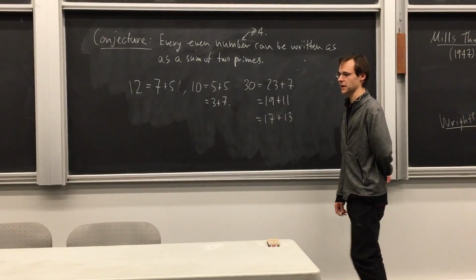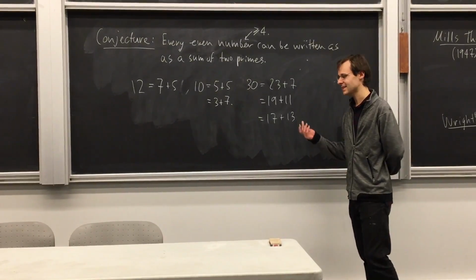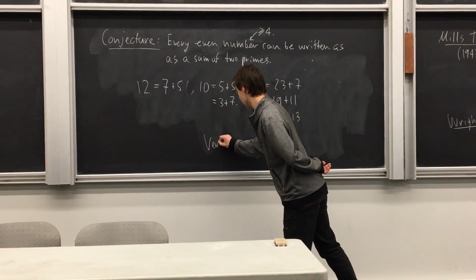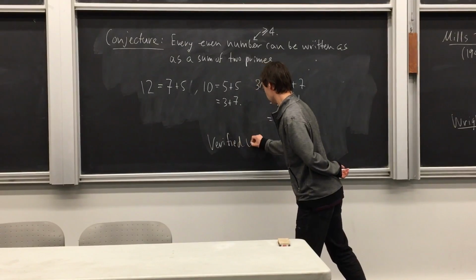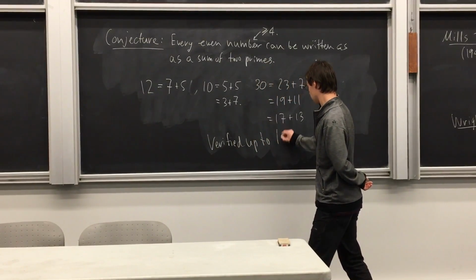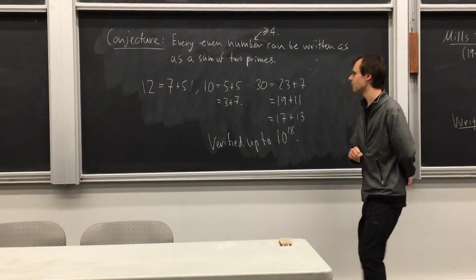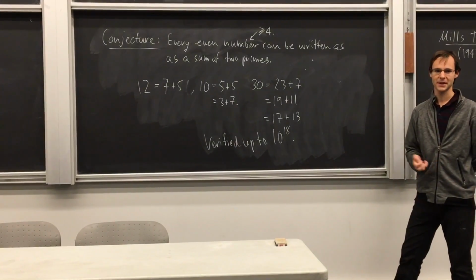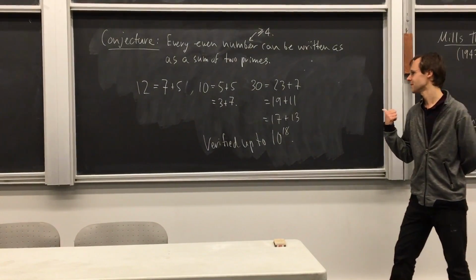It's already been verified to work for all numbers up to something like 10 to the 18, by computer. But it's still unsolved. Nobody can prove that. And it seems so simple. Okay?